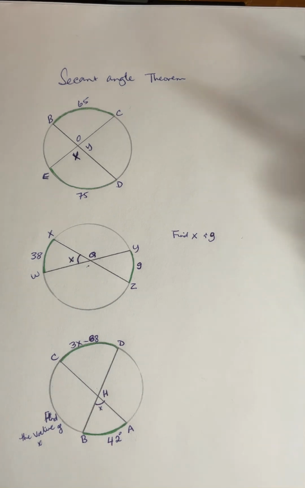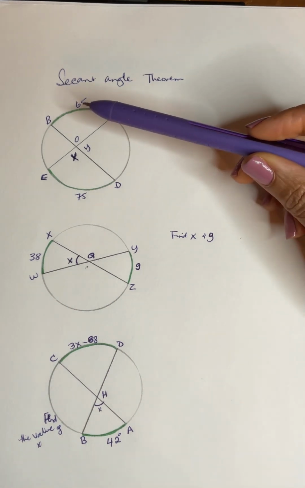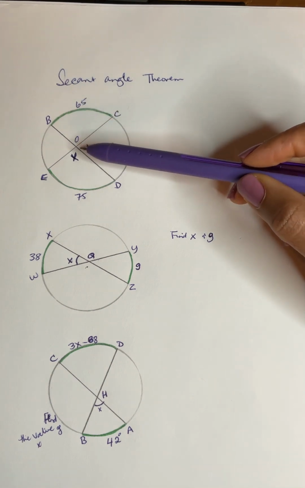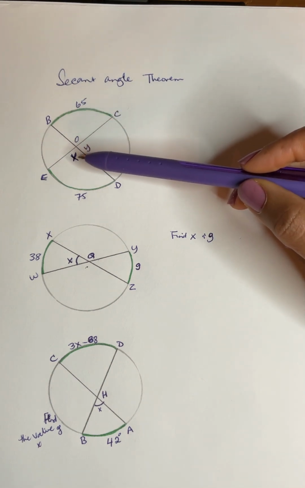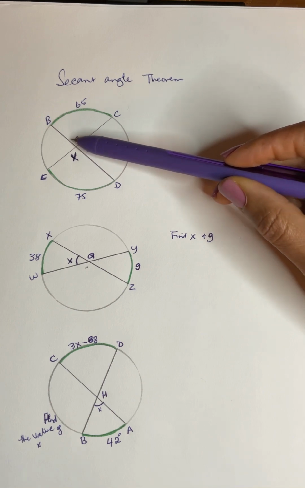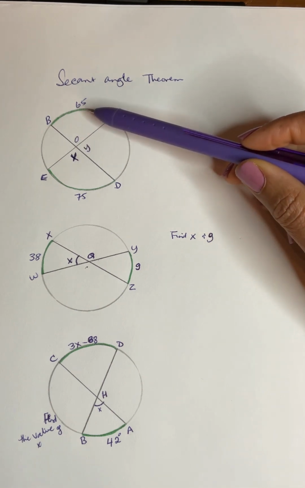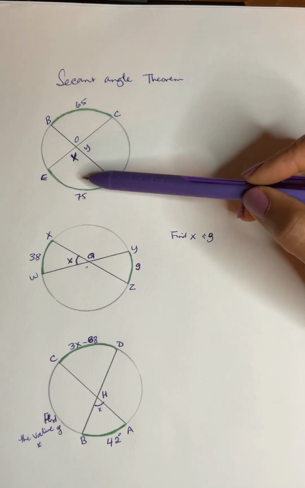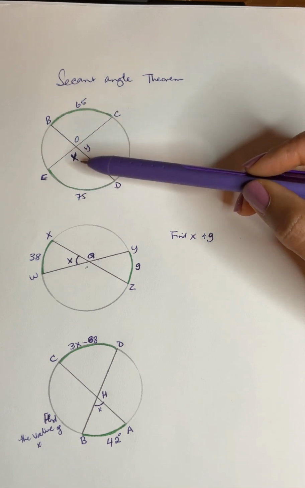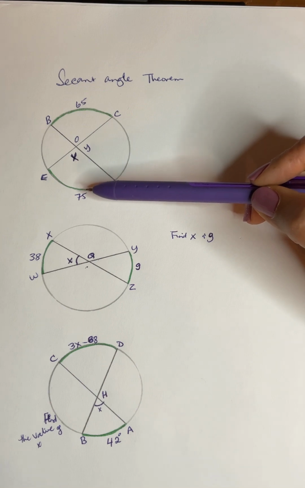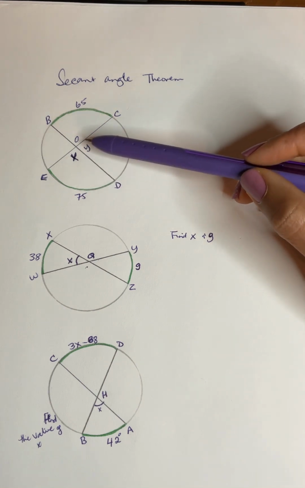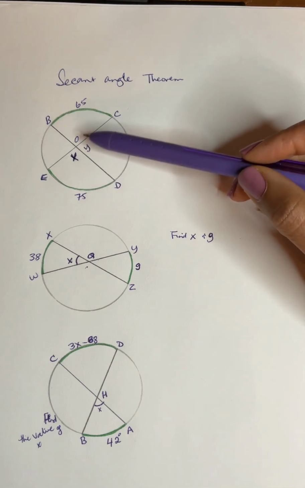of an angle whose vertex lies in the interior of the circle is equal to half of the sum of the measures of the arcs that are intercepted by it and its vertical angle.